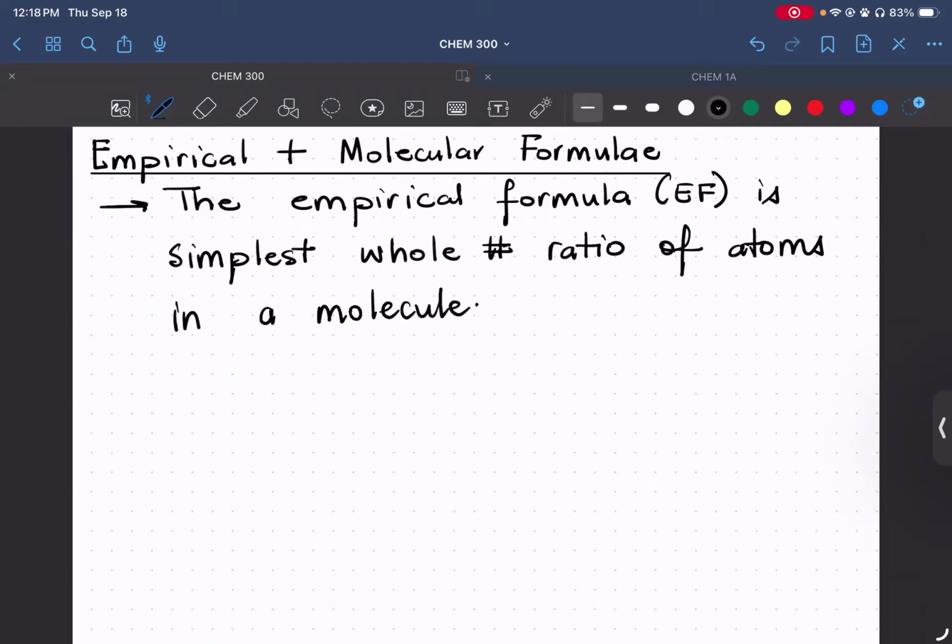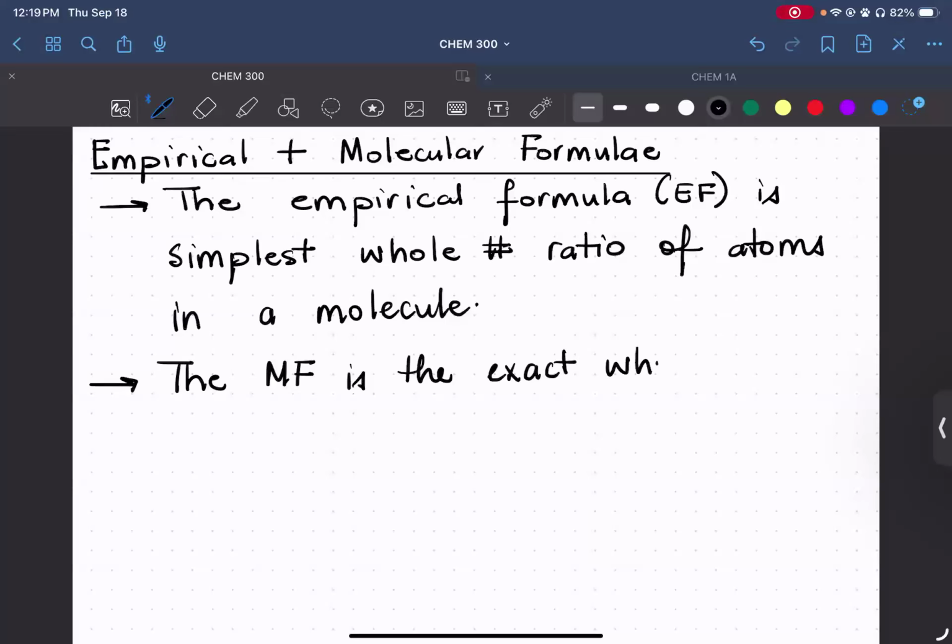In contrast, the molecular formula, henceforth written as MF, is the exact whole number ratio.